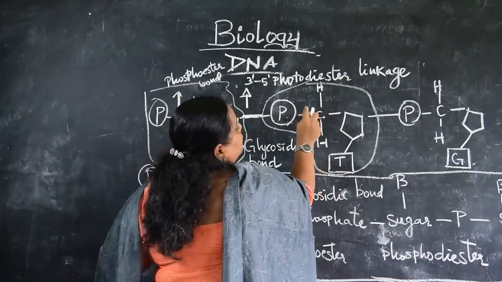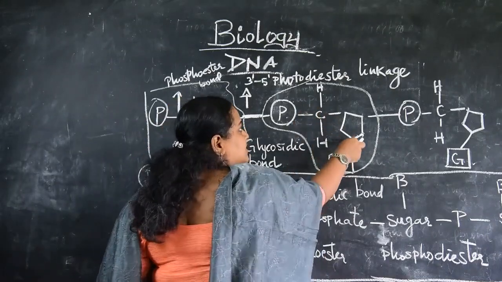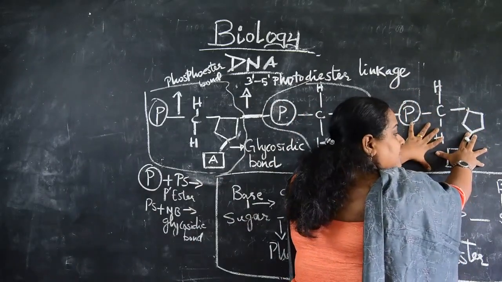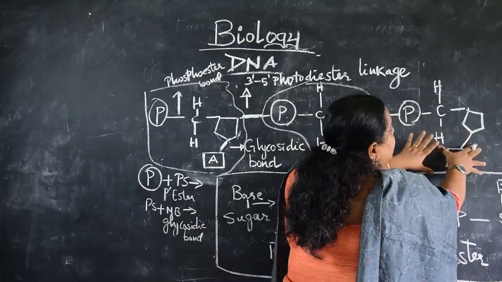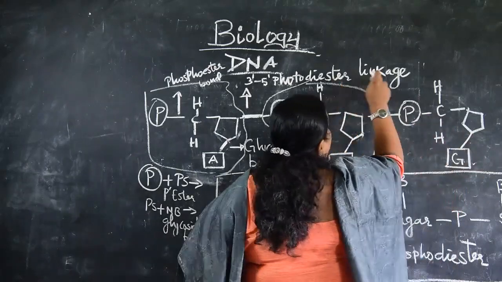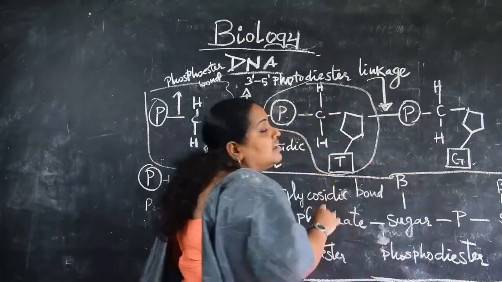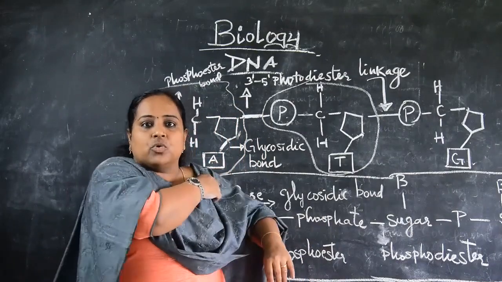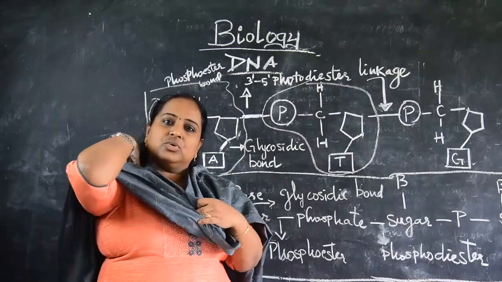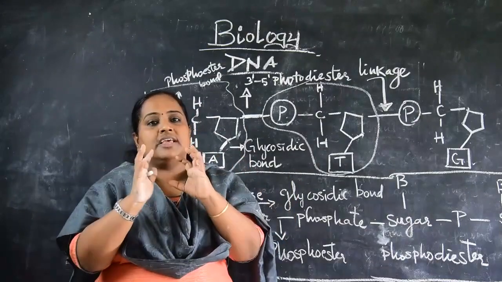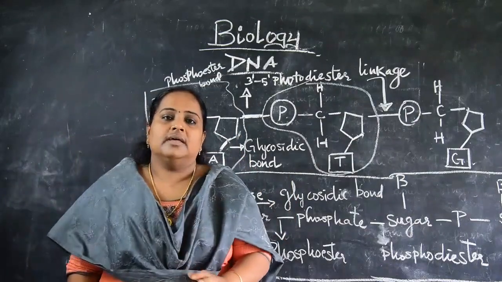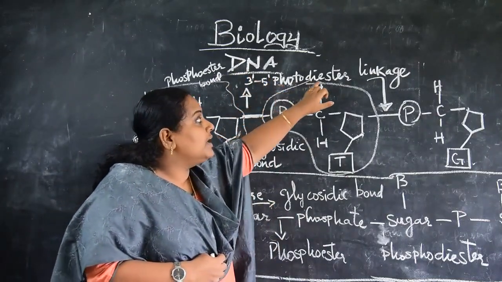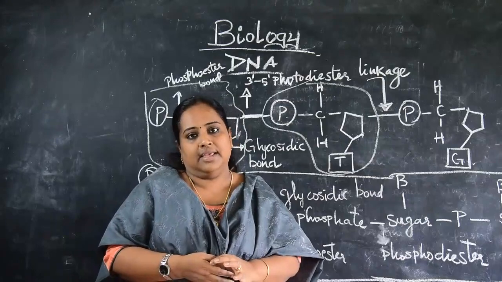Here comes the phosphoester bond, here the glycosidic bond, and this nucleotide is linked to another nucleotide again by phosphodiester linkage. So there are totally 3 linkages or bonds playing a role in combining the components of each nucleotide and the nucleotides themselves. Each nucleotide is combined by 3 prime 5 prime phosphodiester linkage.